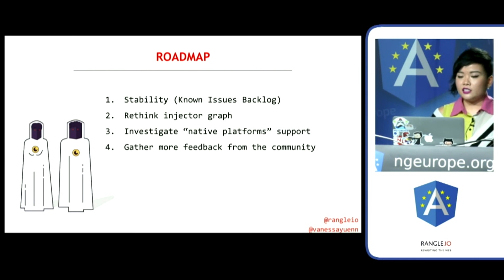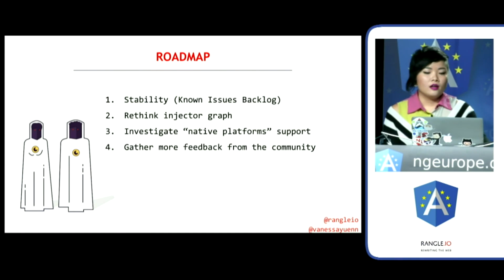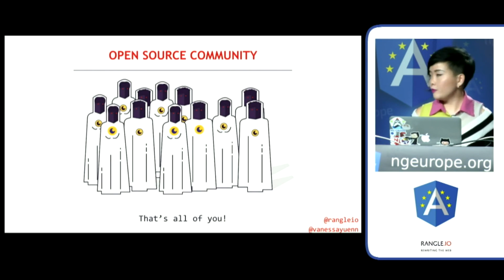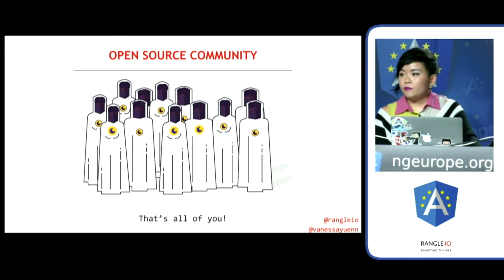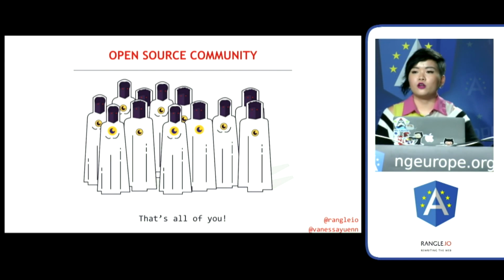And last but not least, Augury being a feedback-driven product, we want to gather more feedback from the community as well and iterate upon that. Which brings me to the community part. Because it's open source, Augury's future largely depends on what the community wants. And by community, I mean all of you.